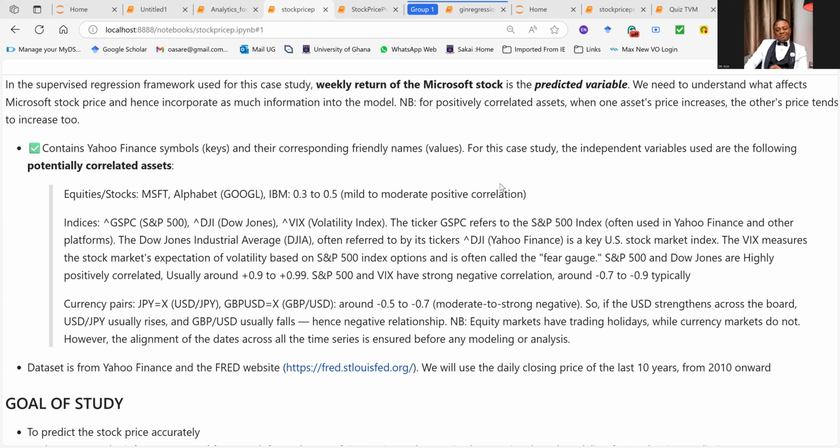Sometimes it's called the fear gauge, because it will determine whether you'll be afraid to go into the S&P 500 or not. Now, note that the S&P 500 and the Dow Jones are highly positively correlated. The correlation between them is 90% to 99%. The S&P and the volatility index also have a strong correlation, but in the negative direction, negative 70% to 90%.